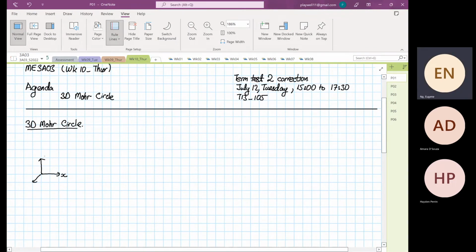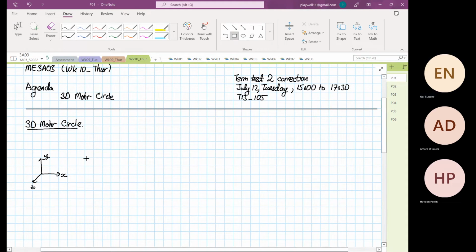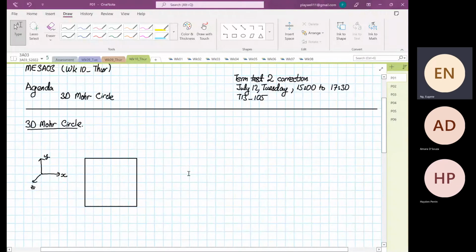This is your X, Y, and this is your Z. And we're going to construct a 3D element. So this is our 3D element.